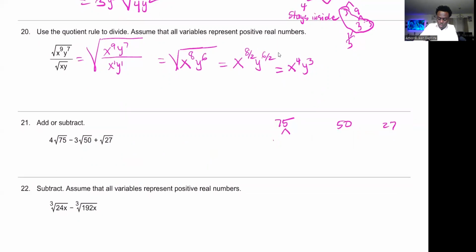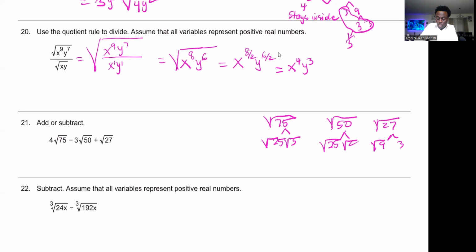I want to put the 25 first. 25 times 3, 25 times 2, and 9 times 3. The square root of this will be the product of the square roots of these two numbers. Same thing, square root of 50 is the product of the square roots of these two numbers.